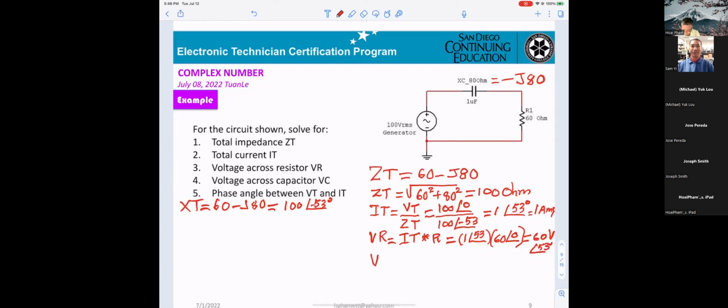VC equals I total times XC. So, 1 at 53. Times XC. What XC do you get? 80 at minus 90 degrees.